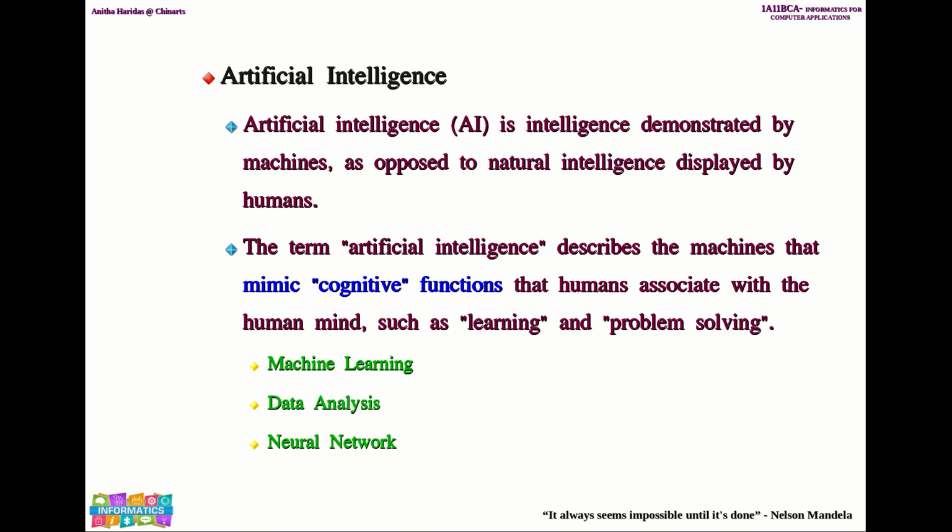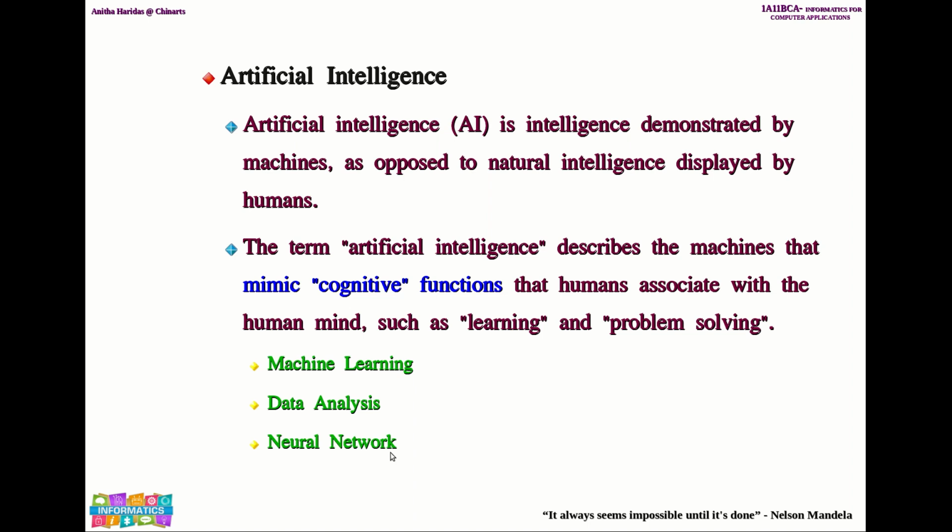Nowadays machines are capable of having learning capabilities, which we call machine learning, and these machines have analytical ability also, using which they can solve some problems. It almost has brain power, I should say, with the artificial neural network.